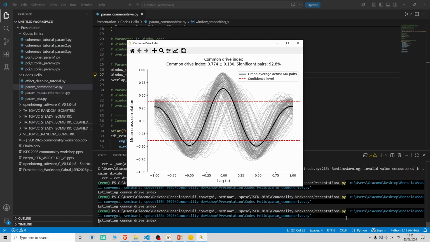But we need to be careful here, because otherwise someone could say, Elio, you increased a lot just because you compress and take a very high common drive. It's a compromise, because if we increase the window, we are taking very, very low frequency fluctuations. To have an idea, a 1 second window means that we are low pass filtering the smoothed discharge rates at 1.8 hertz. So we are looking at very, very low frequencies. Okay?